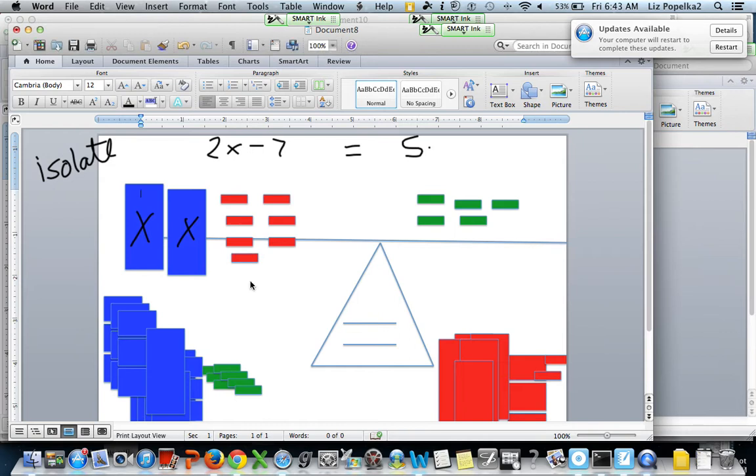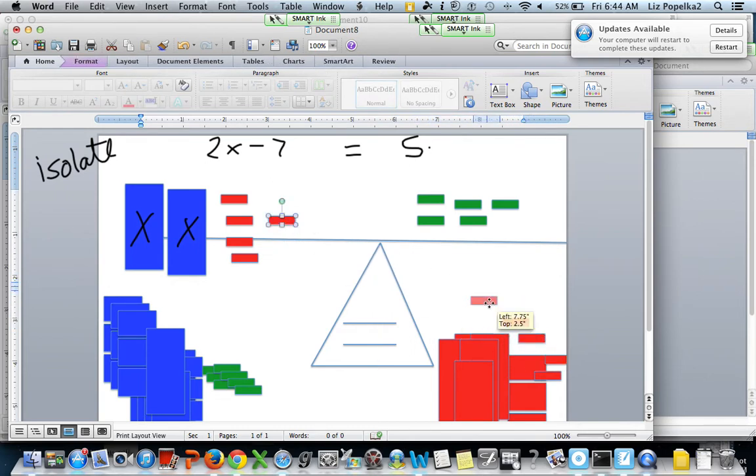The easiest thing to get rid of, and the way that you need to do it, is to get rid of this 7. And remember that a minus 7 and a negative 7 really mean the same thing. So I'm going to take these 7's and just pull them off my balance beam, just like so. I'm going to get rid of them.